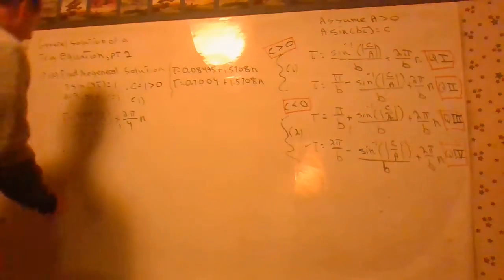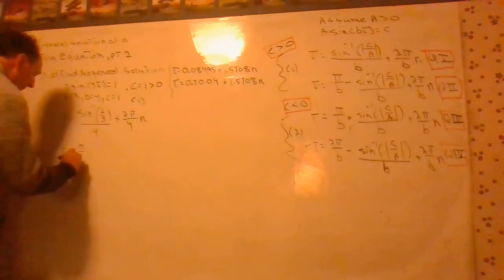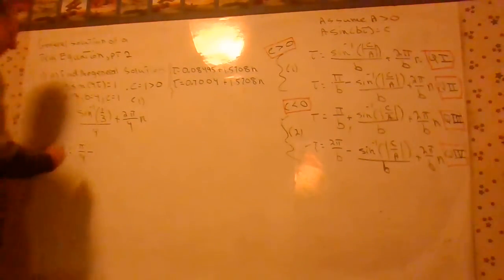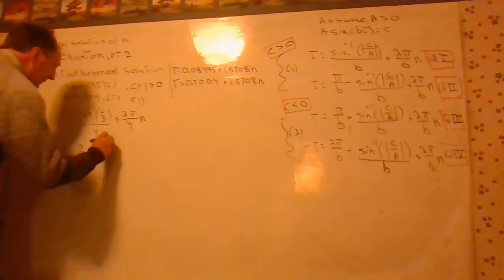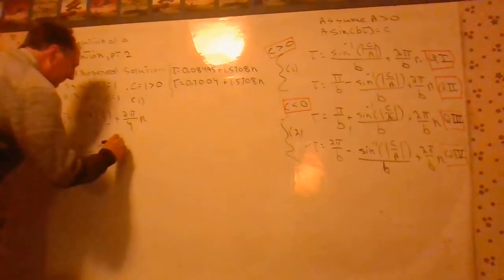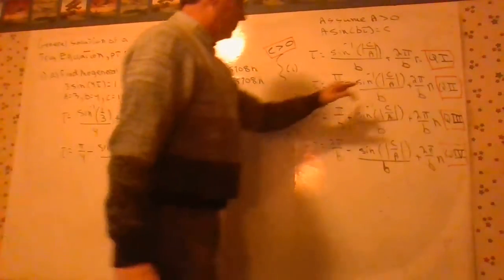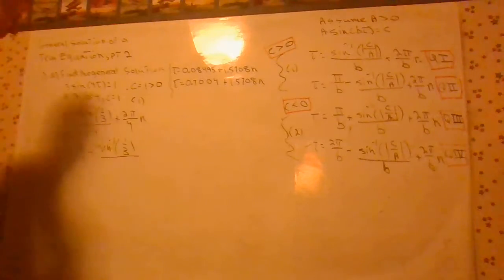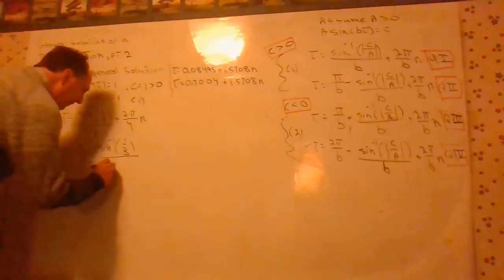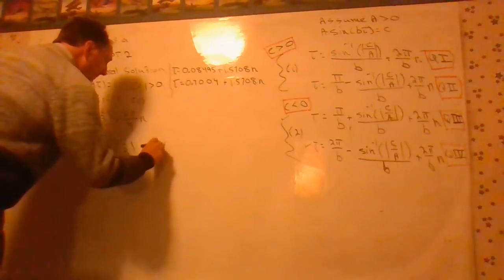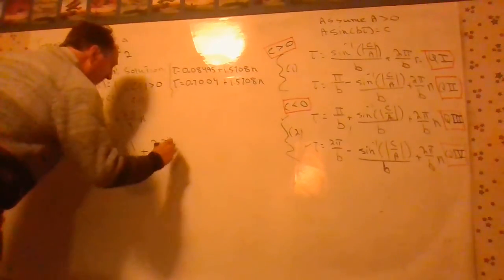And t equals right here, pi over b, pi over 4, minus inverse sine 1/3. You can put the absolute values in if you really want, but c over a is positive in this case, so you really don't need that. Over 4 plus 2 pi over 4n.